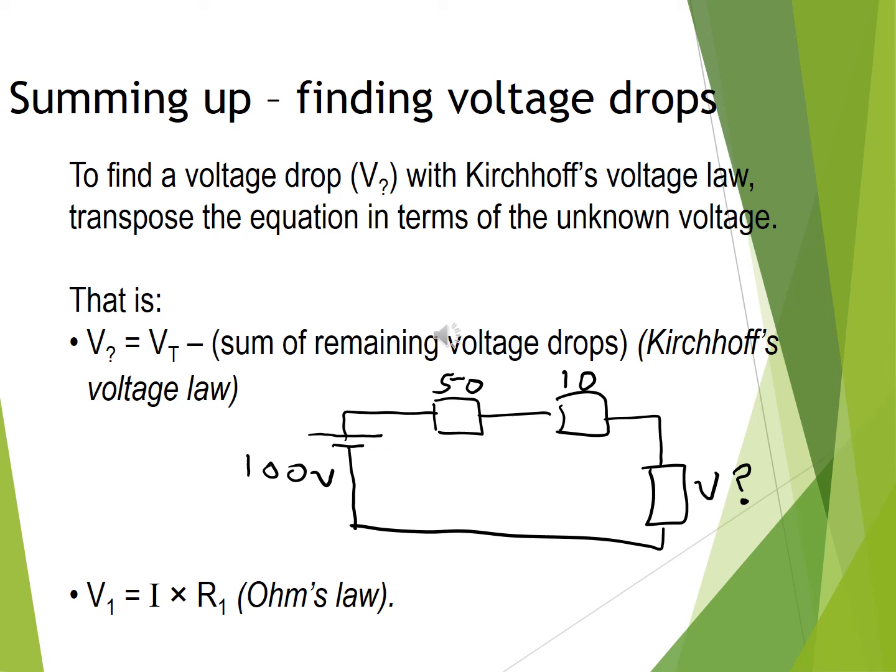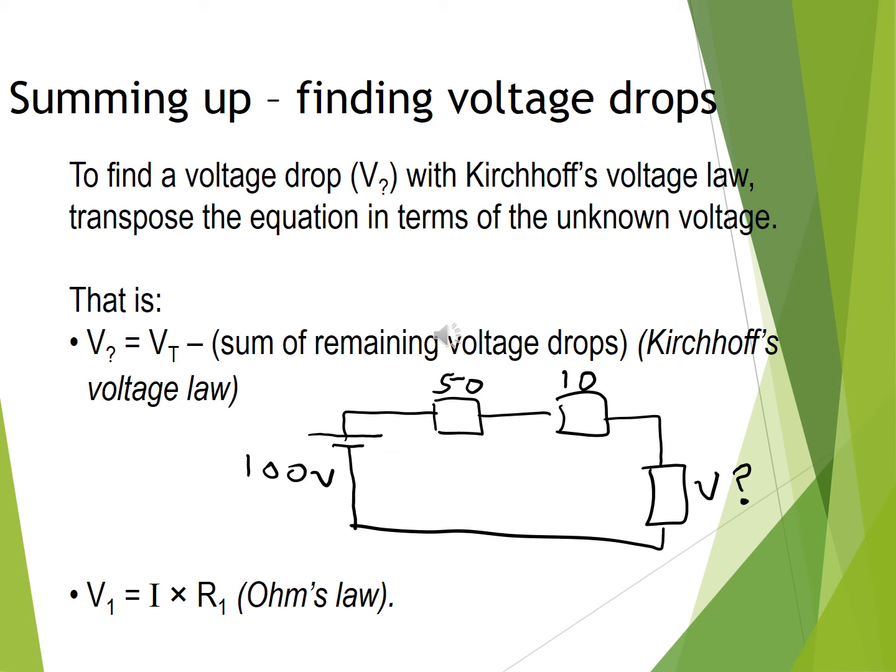It should be quite clear now that if you wanted to calculate the voltage across the V question mark, the answer would simply be 40 volts, and that is because, however you want to work it out, transposing formulas or whatever, which all sounds very difficult to me, you should be able to realise that 50 volts plus 10 volts is 60 volts. So 60 volts plus what equals 100?